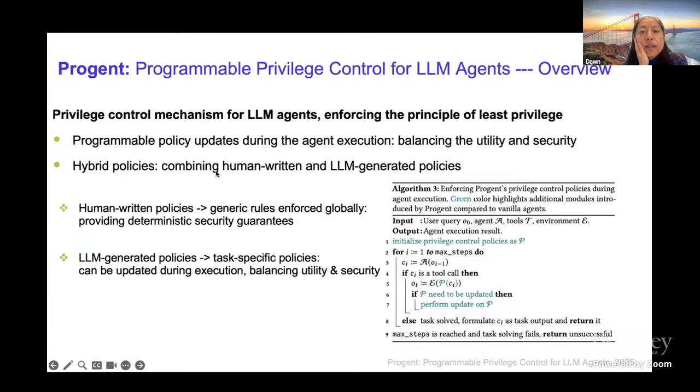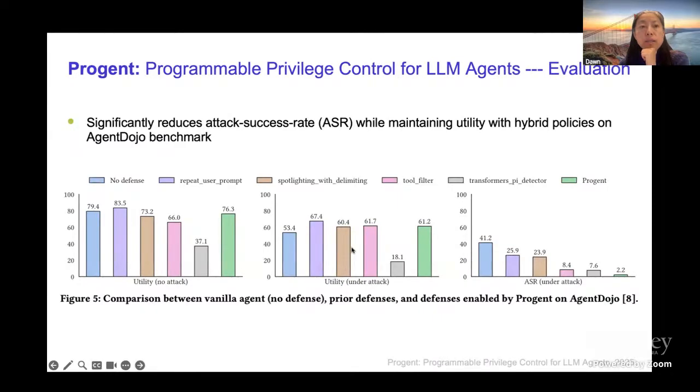Also, the programmable policies can be updated during the agent execution to balance utility and security, and also enable hybrid policies combining human-written default policy as well as LLM-generated policies. The human-written policies provide generic rules to be enforced globally to provide deterministic security guarantees, and LLM-generated policies enable task-specific policies that can be updated during execution, which helps balance between utility and security.